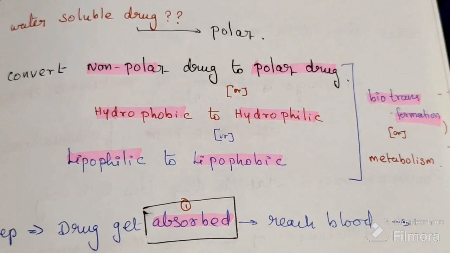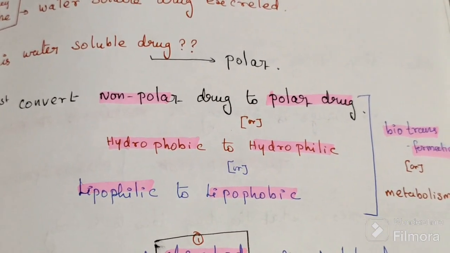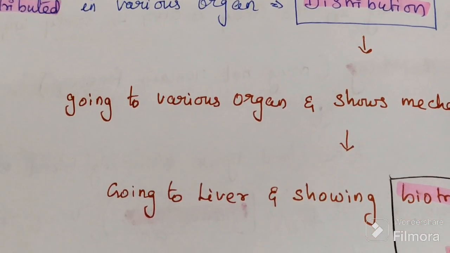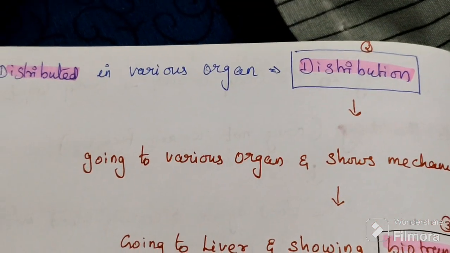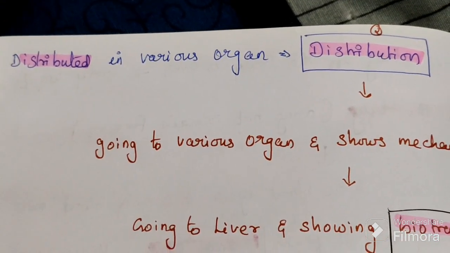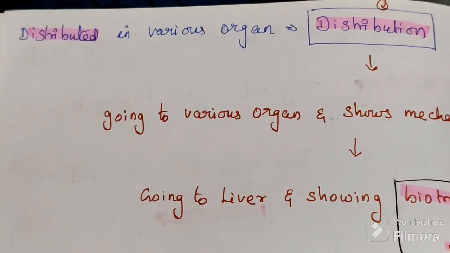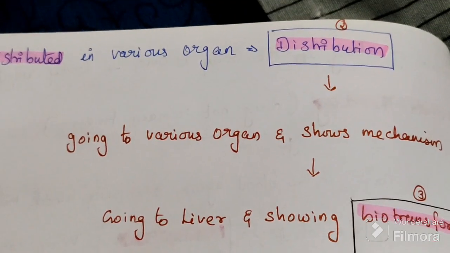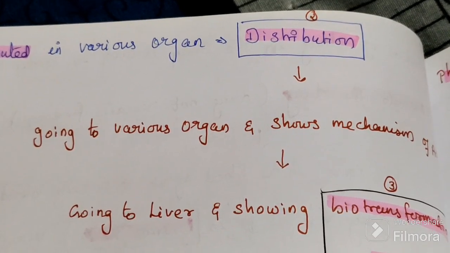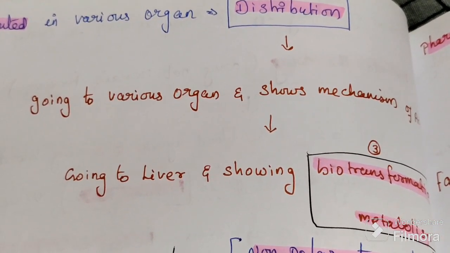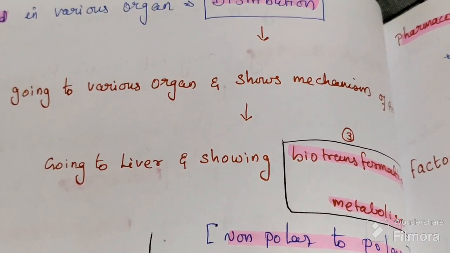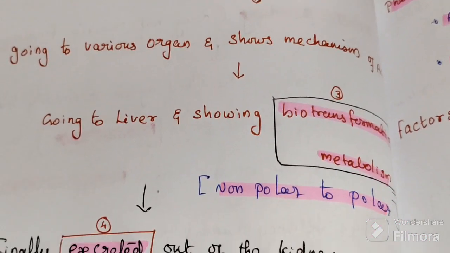Then the body distributes the drugs, taking the drugs from circulation to various organs. Then the body metabolizes or biotransforms the drugs, converting non-polar to polar. Then the body excretes the drugs out of the body. So four things the body is doing to the drugs.